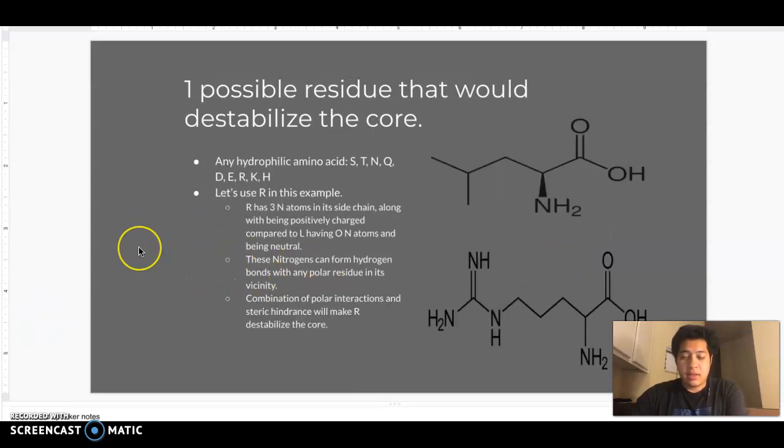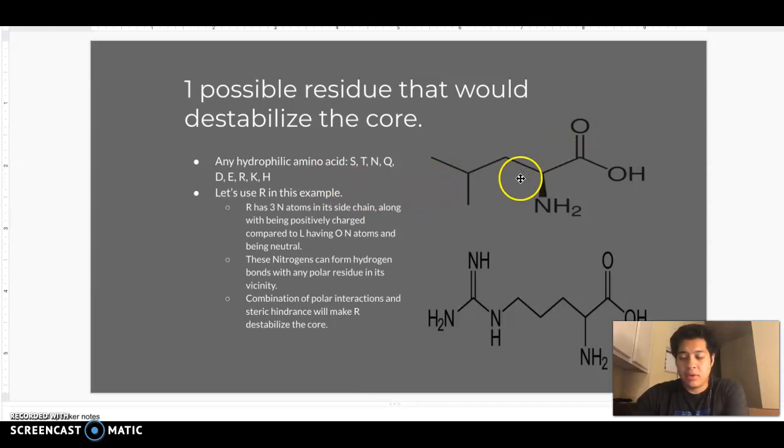And finally, to end prompt 1, we need to suggest one possible residue that would destabilize the core. Any hydrophilic amino acid should get the job done, whether it's serine, threonine, asparagine, glutamine, aspartate, glutamate, arginine, lysine, or histidine. I'm going to go with arginine in this example.